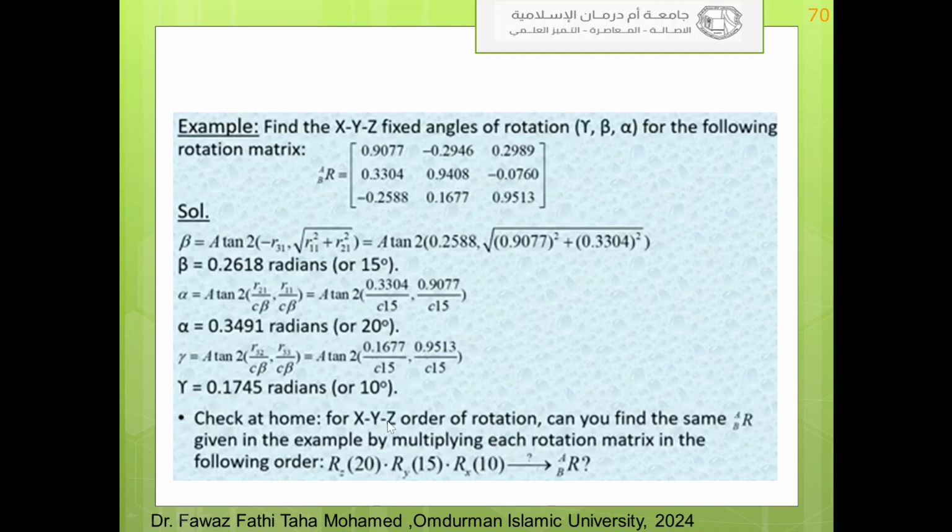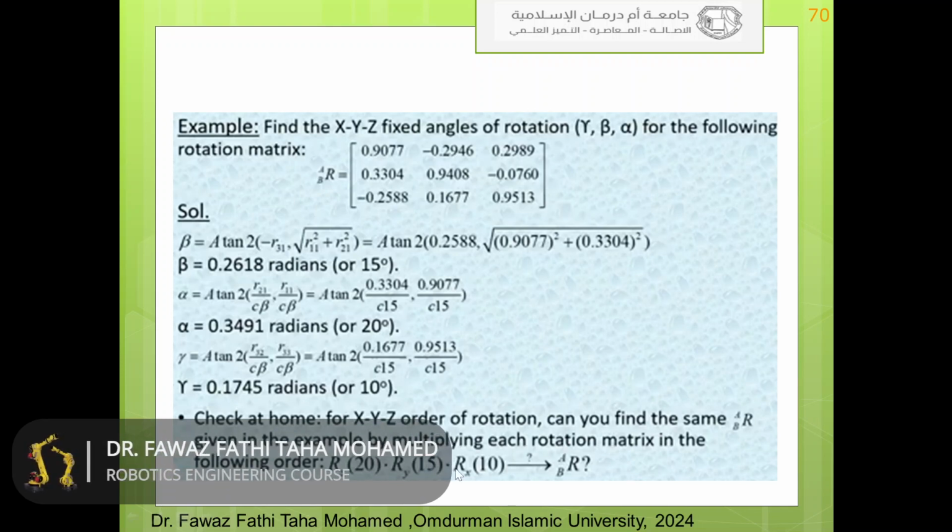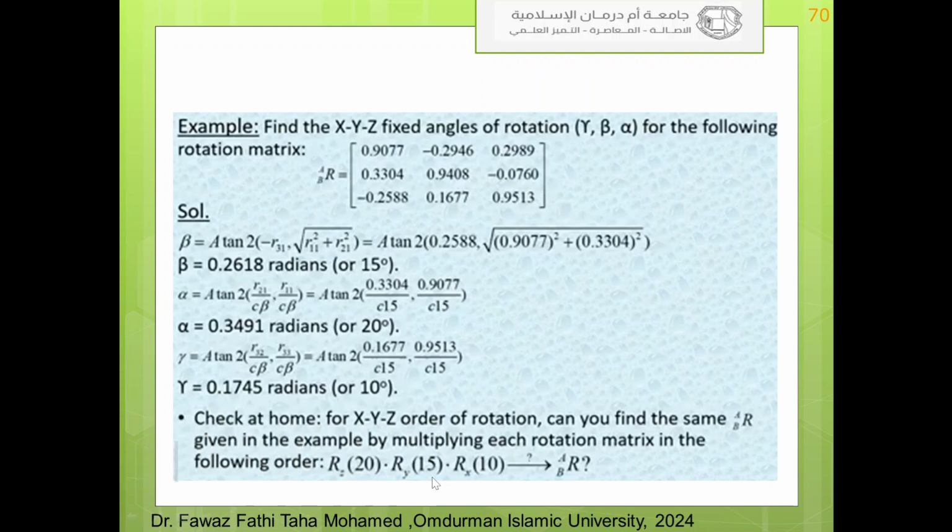Check at home for the x, y, z order of rotation. Can you find the same RBA given in the example by multiplying each rotation matrix in the following order: Rx 10, Ry 50 degrees, and Rz 20?